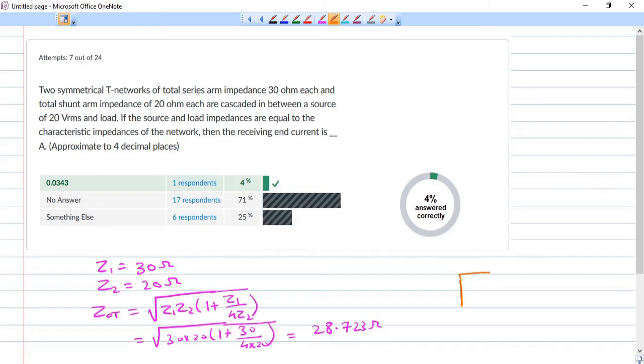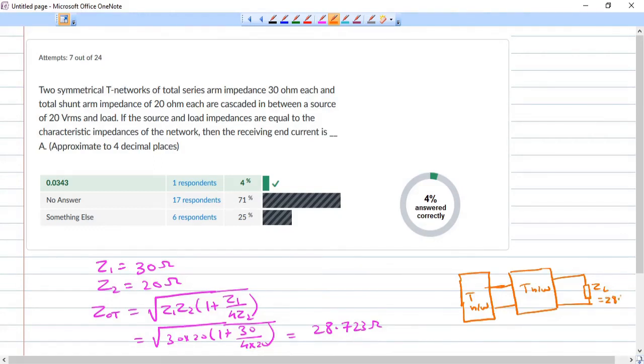So the network is the same. We have a T network which is cascaded with another T network, to which we are attaching a load ZL, which is also equal to the characteristic impedance of this network, that is 28.723 ohm.